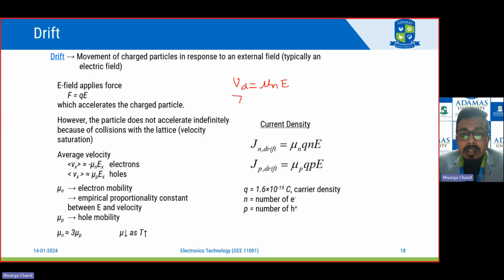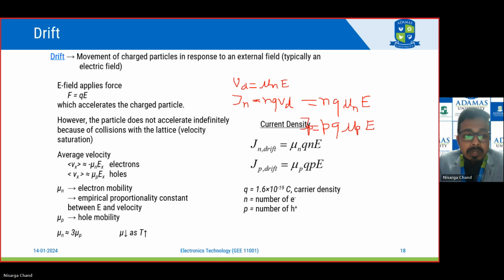And Jn, the resultant current density, is equal to n into q into Vd, that means we can write n into q into mu n into E. So here Jn drift is n into q into mu n into E, and if it's Jp, then it is p into q into mu p into E. That is the resultant current density: the current due to drift of holes and the current due to drift of electrons.